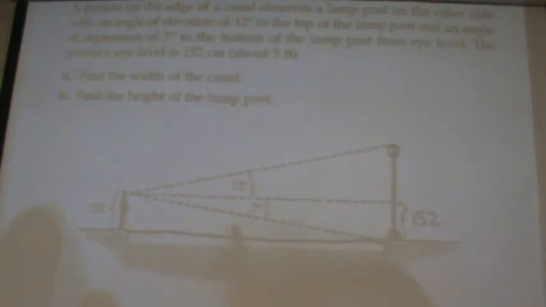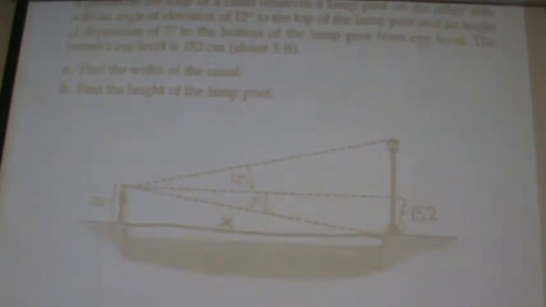They're asking you two things. How wide is this canal? So, how do you figure this? We'll call this X. If this is 7 degrees, what's this angle right here? 83. Good job.